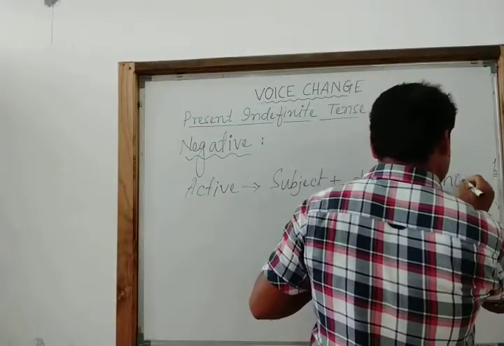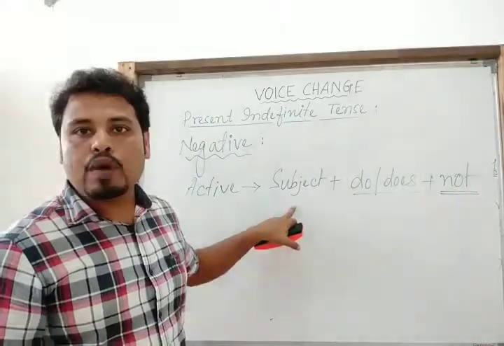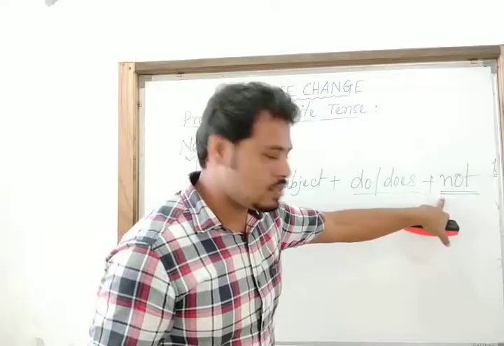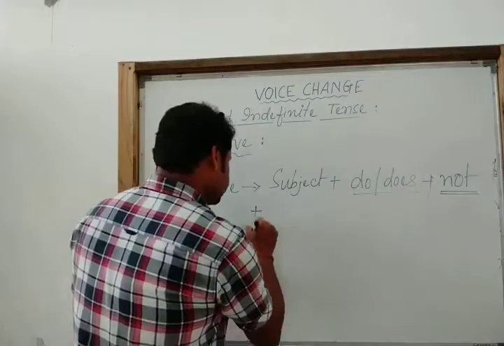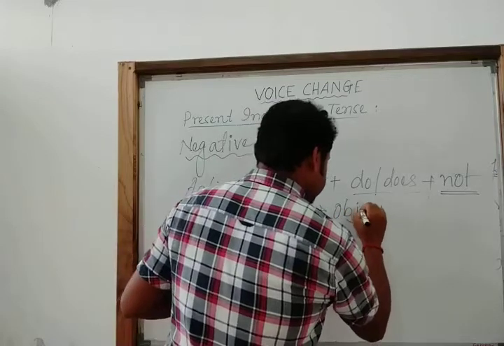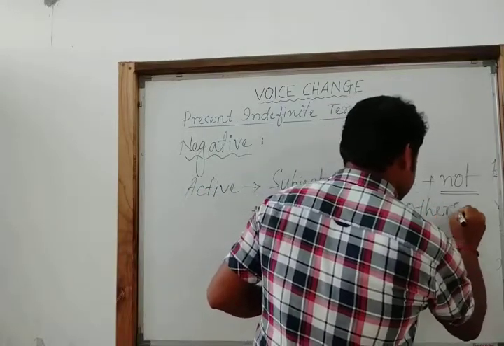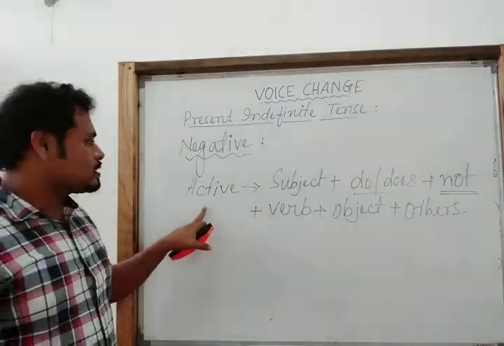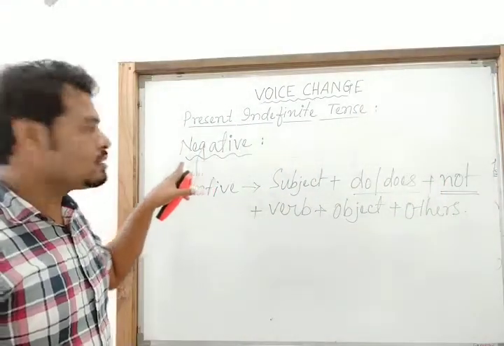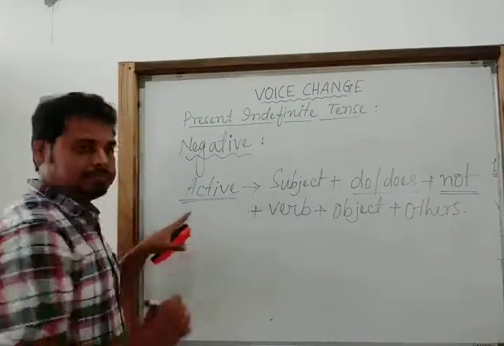Then we have to use a not, signifying the negative property of this sentence. Not plus verb plus object plus others. So this is the structure of the negative sentences of present indefinite tense in active form.